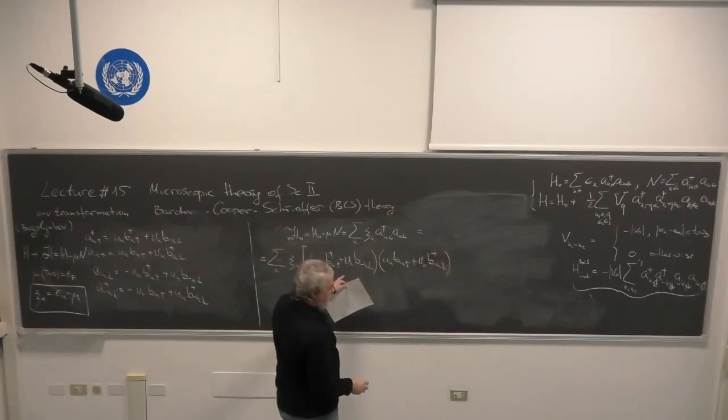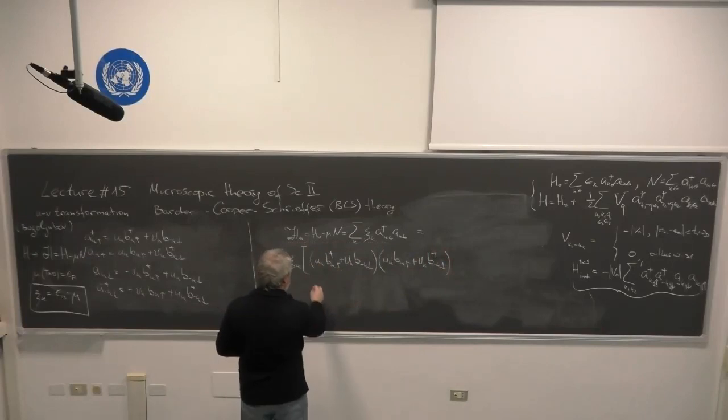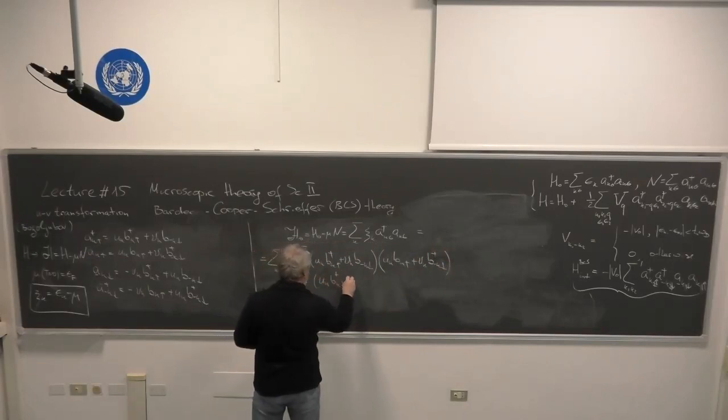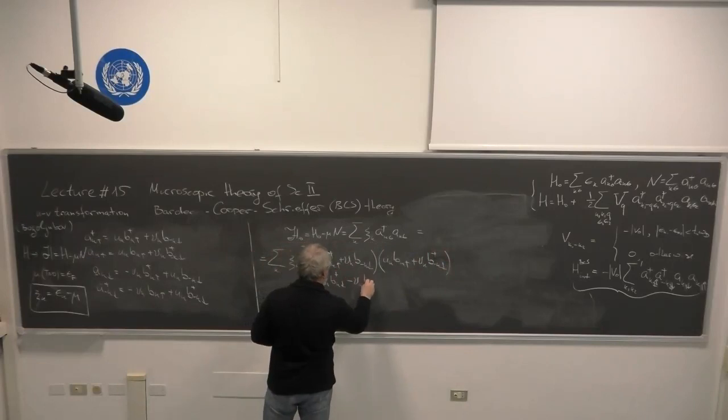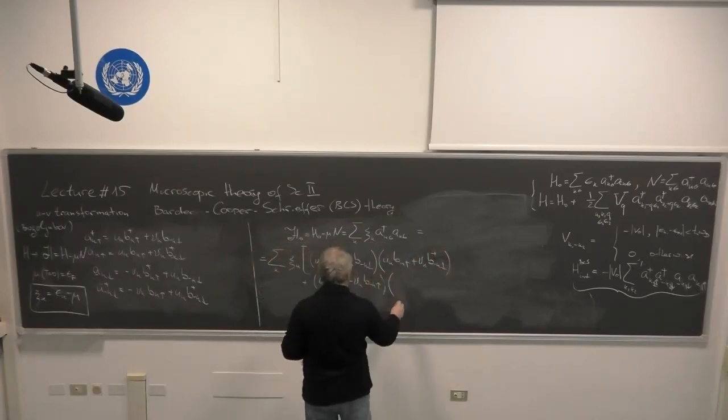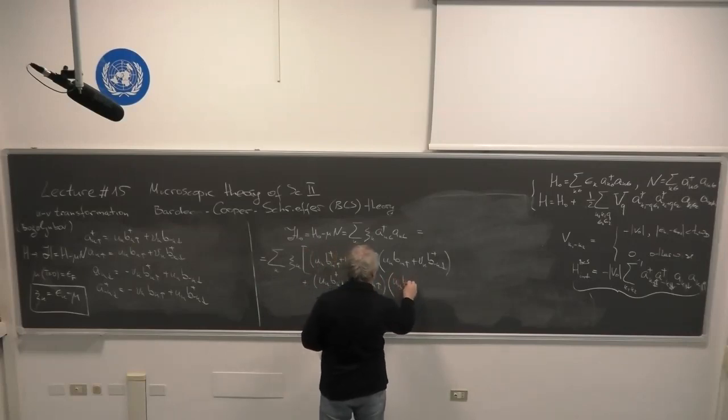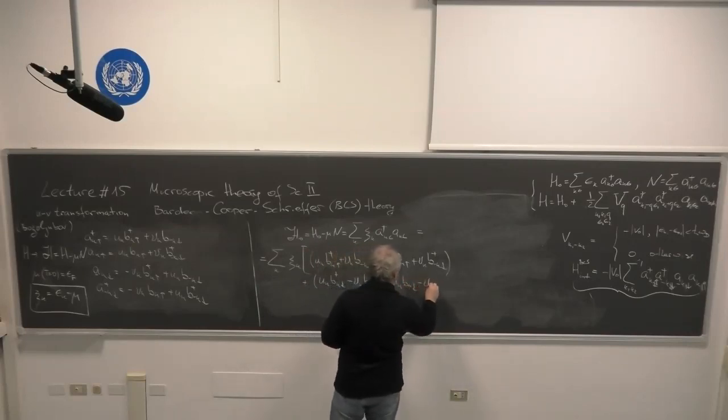So this is the term up, up. Now the same term down, down: plus U_k B_k down dagger minus V_k B_minus k up, times U_k B_k down minus V_k B_minus k up dagger.